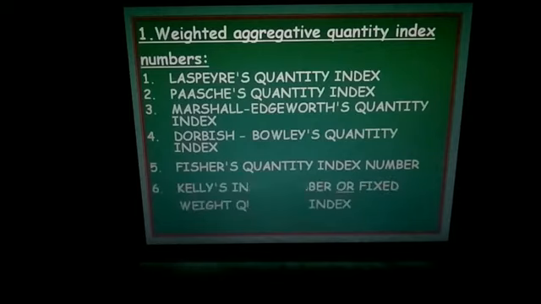And after that, Kelly's quantity index number or a fixed weight quantity index number. Here this quantity is applicable for both Kelly's index number as a quantity or else fixed weight quantity index. That way I have considered this to be quantity. Otherwise, more specifically it can be written as Kelly's quantity index number. That will have more meaning even.